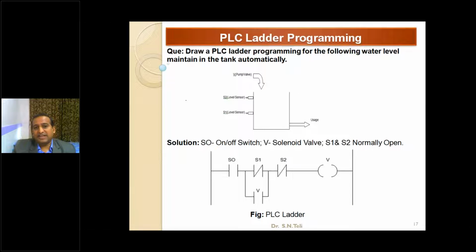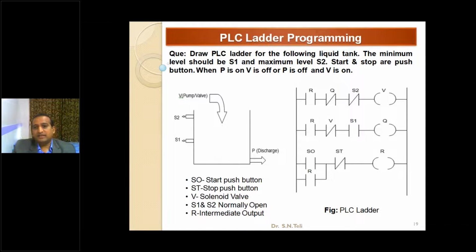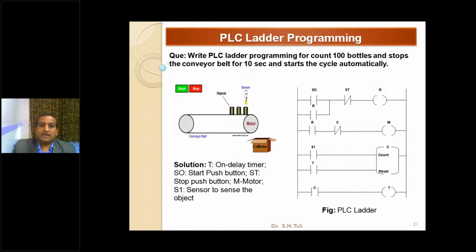Even for tank processing, the level maintaining of water in the tank, S1 and S2, the pump will start automatically. There is no shortage of water, and there are so many applications, which is very interesting. The automatic water bottle filling is also counting how many bottles.